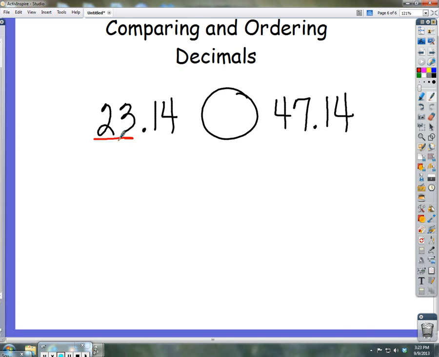Well, the whole number 23 is smaller than the whole number 47. It doesn't matter that the decimal numbers are actually identical to each other. I don't even need to look at those to compare them. 23 will always be less than 47. So don't forget to also check out the whole numbers.